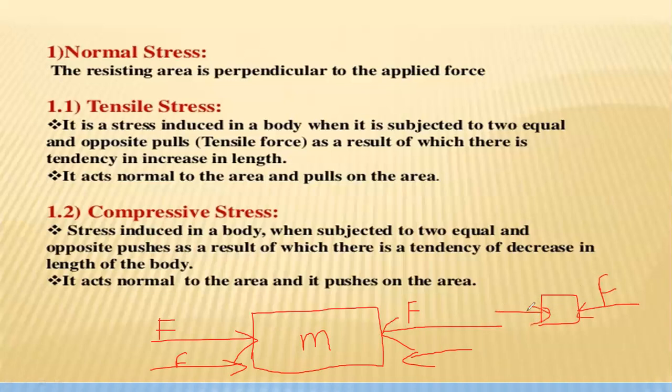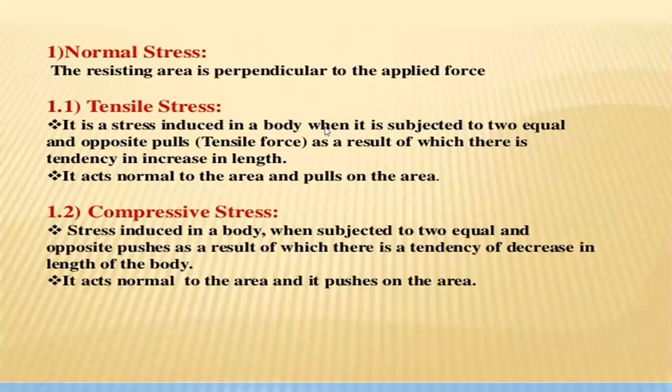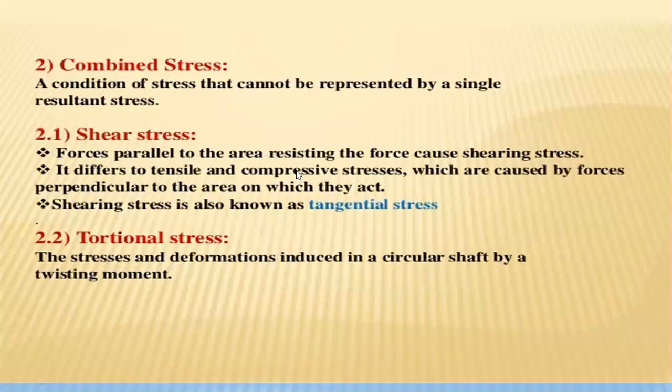So that is compressive stress. It means the object is compressed, and tensile stress means the object is pulled. The length increases under tensile stress, and under compressive stress the length of the object decreases. That is the difference between tensile stress and compressive stress.